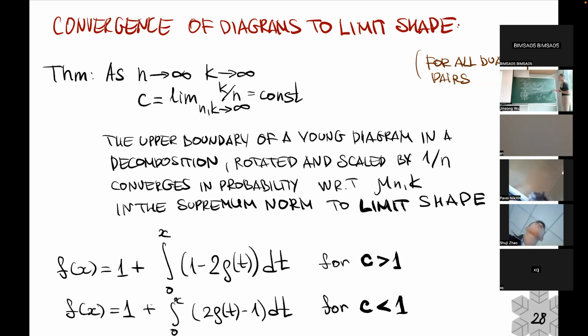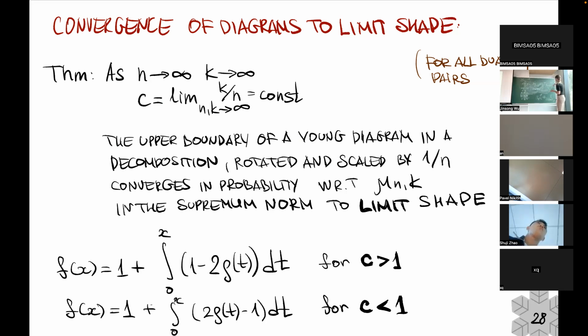It will be rotated and scaled by 1 over n. So we scale this Young diagram by 1 over n because we will consider the limit. Then, with respect to the Plancherel-type measure that we have described previously, it converges in probability with respect to the supremum norm to some limit shape.